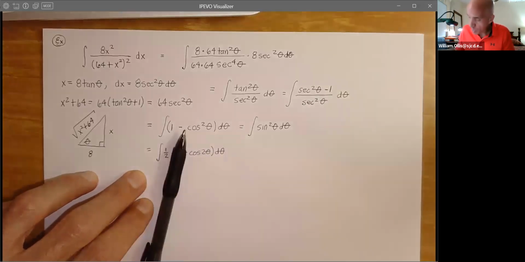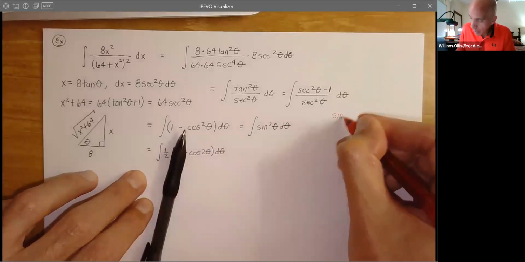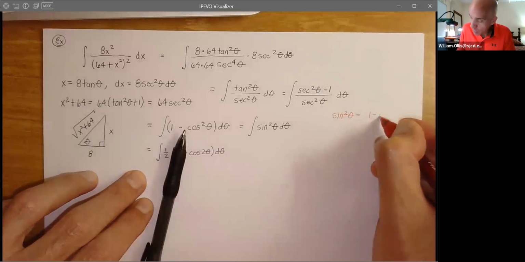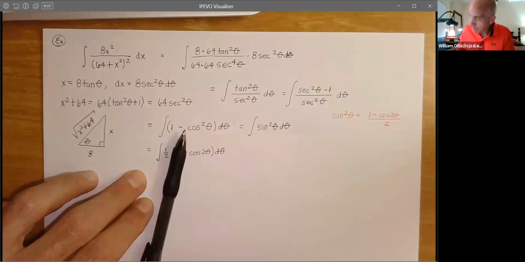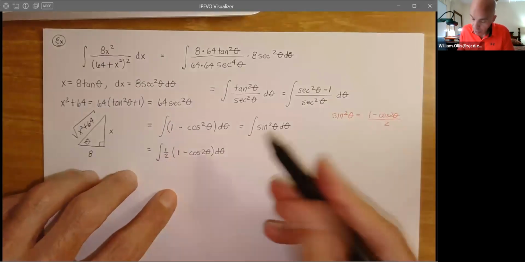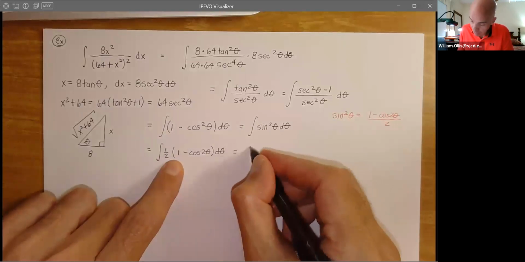So again, our reduction formula, sine squared, our friend sine squared theta will just be 1 minus cosine 2 theta over 2. So I just have the 1/2 times 1 minus cosine 2 theta d theta. So this will give us 1/2 theta.